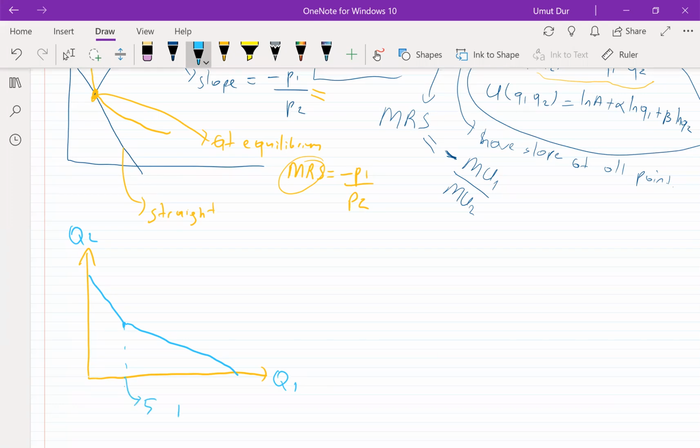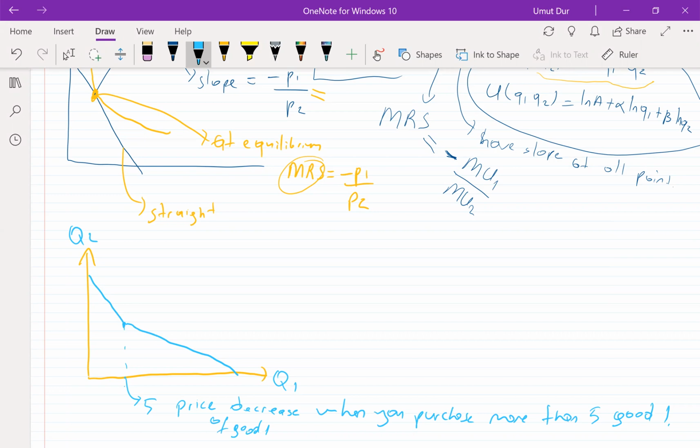Here the price decreases when you purchase more than 5 of good 1, so the curve becomes flat.